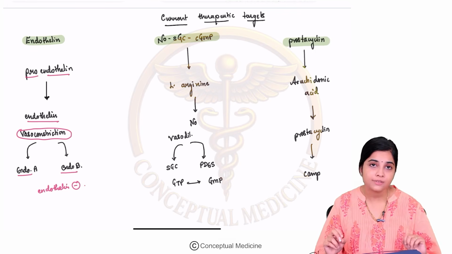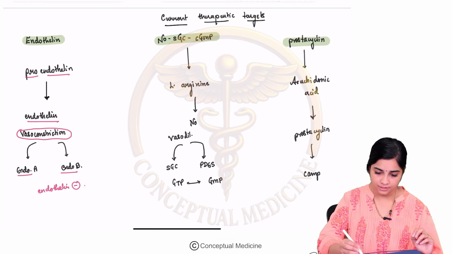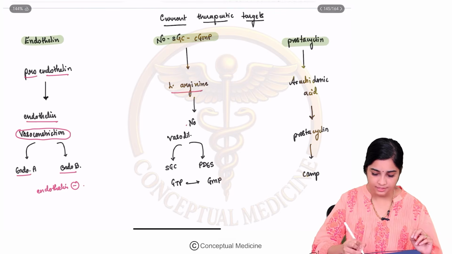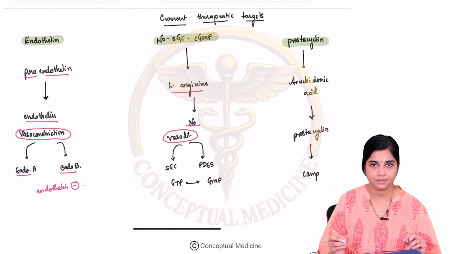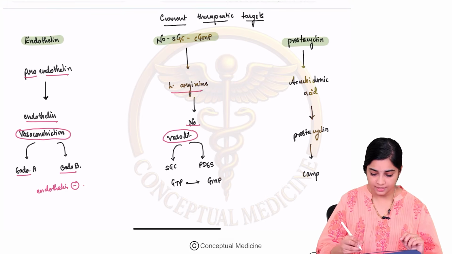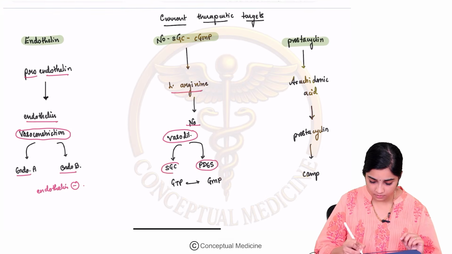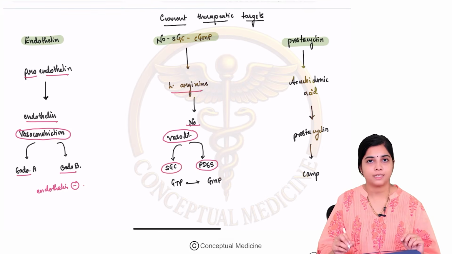Next, the nitric oxide cyclic GMP pathway. L-arginine is converted into nitric oxide, and we know that nitric oxide has a vasodilatory effect, and this acts via PDE5 and via soluble guanylate cyclase.